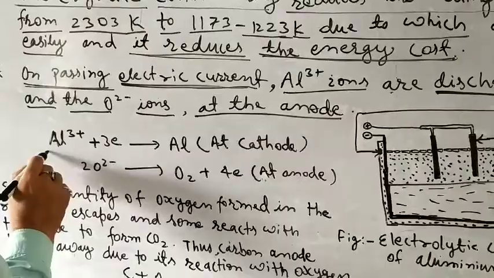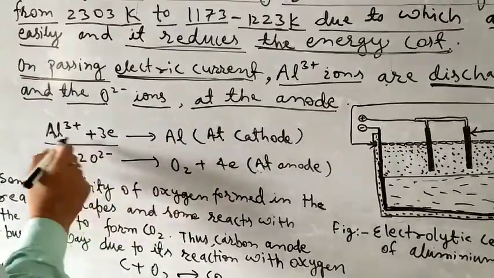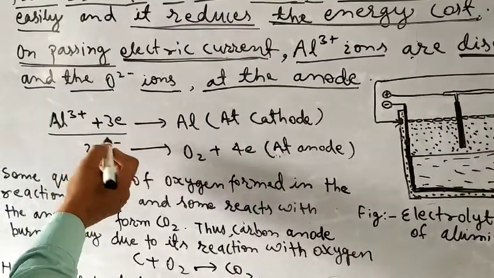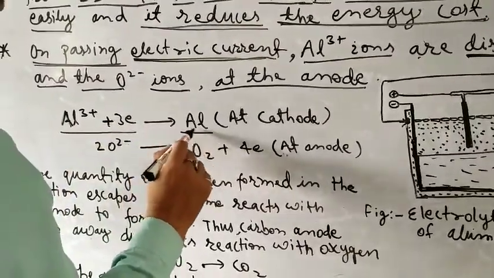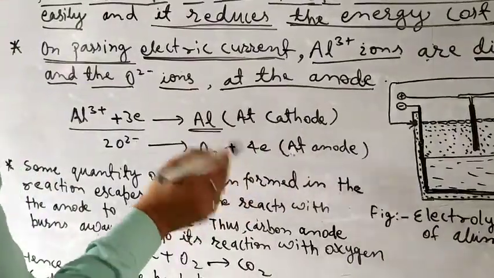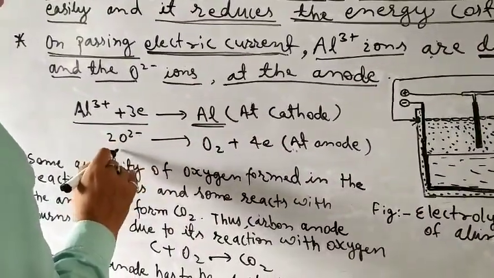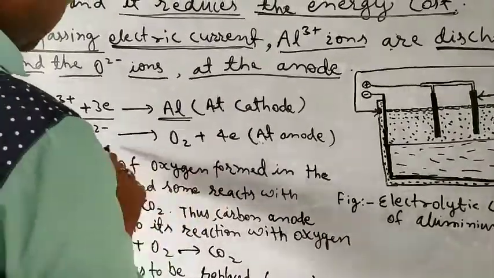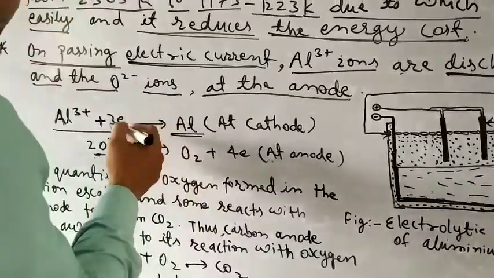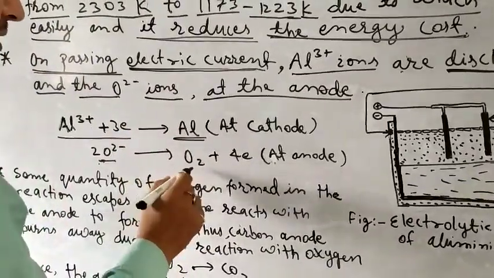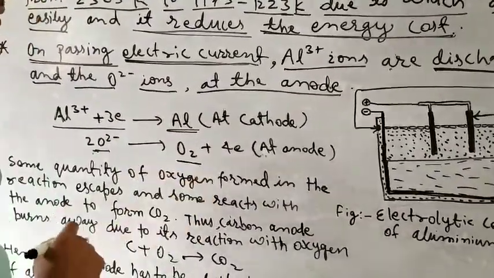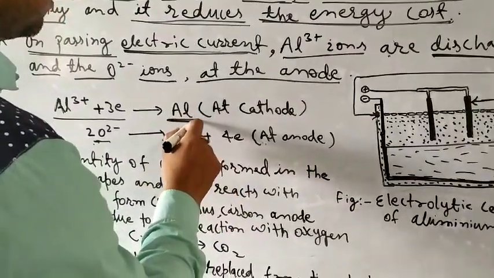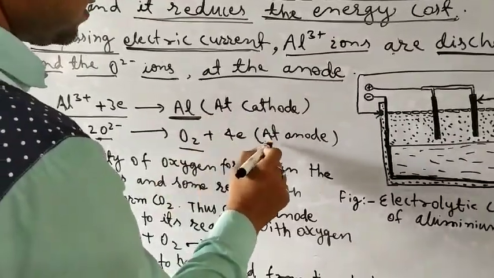We see by this reaction at the cathode, aluminium gets 3 electrons and forms aluminium metal. On the other hand, oxygen liberates 4 electrons that are used up for the formation of oxygen gas. So aluminium is separated at the cathode and oxygen is released at the anode.